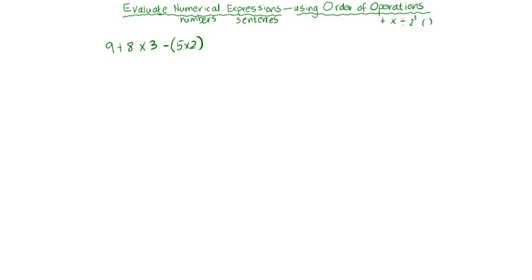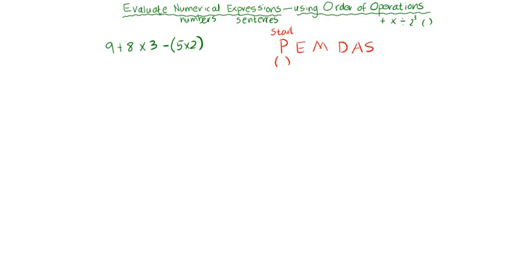Now whenever you see a number sentence with more than one operation, you are going to follow what we call the PEMDAS rule. PEMDAS. Okay, what that means is P means you're first going to start with the parentheses. So we always start here.